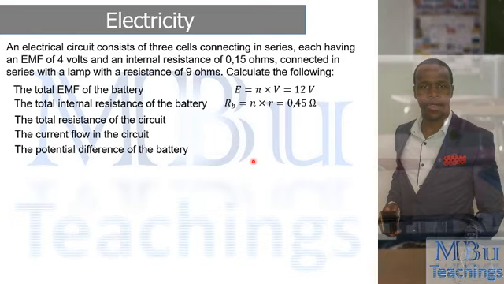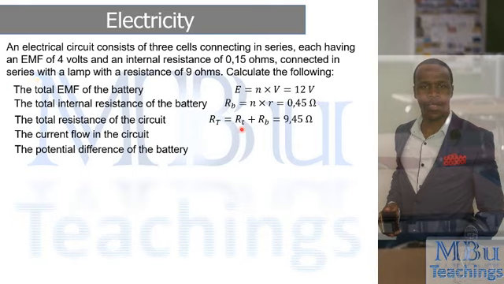Then for the total resistance in the circuit, we are using the series equation or formula because they are connected in series. The circuit is connected in series. In other words, this will be your RS.